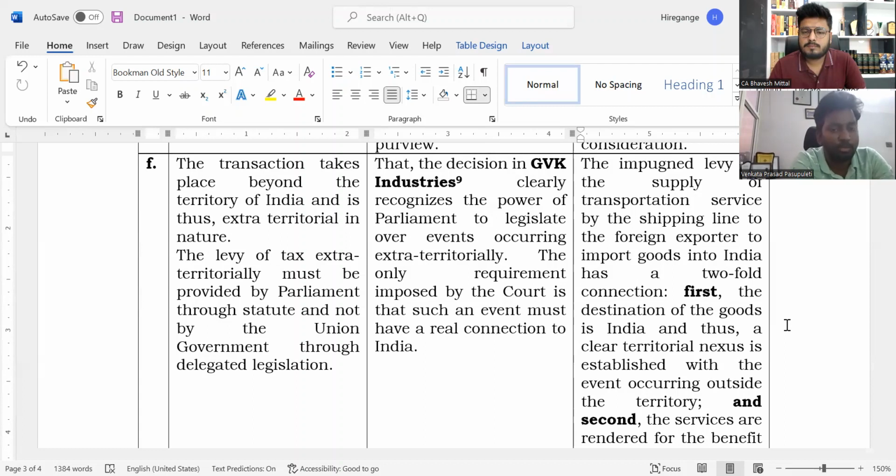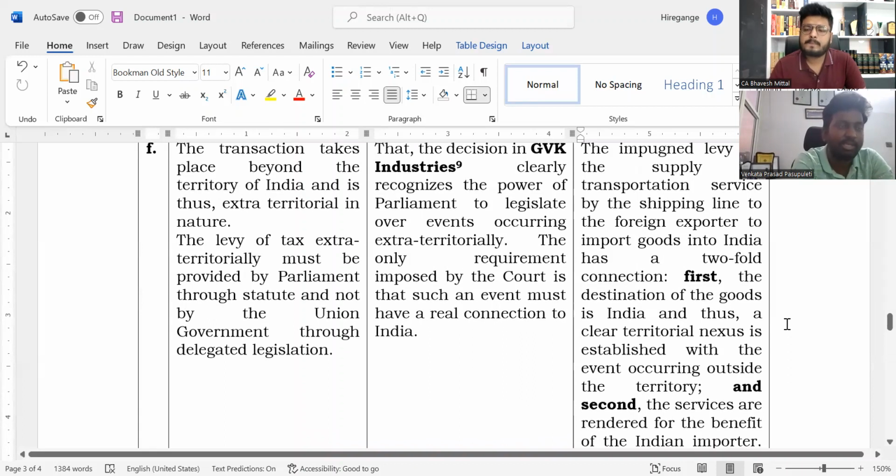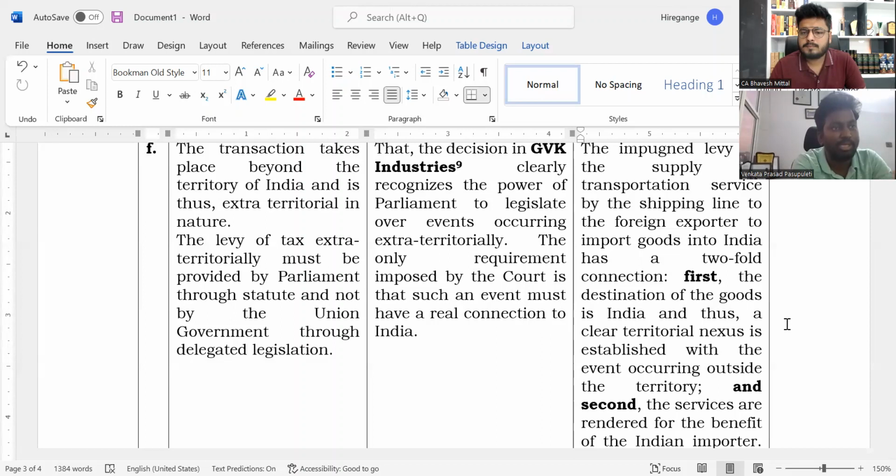To this the government's defence is that no, the existing provisions are sufficient to cover that; they can tax extraterritorial transactions. GVK cannot be read to mean that it has to be there only in the Parliament Act. The Supreme Court also agreed, saying that the place of supply provisions and the import of service definition, as well as the recipient definition, sufficiently cover it, so the taxpayer's argument that the Parliament Act itself must provide for extraterritorial operations was rejected.